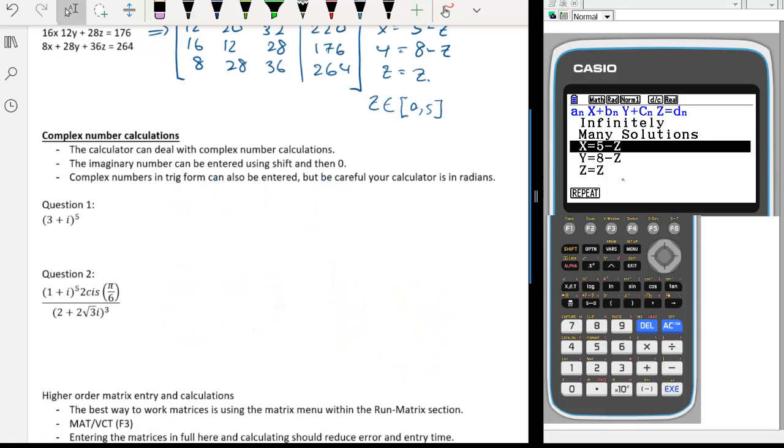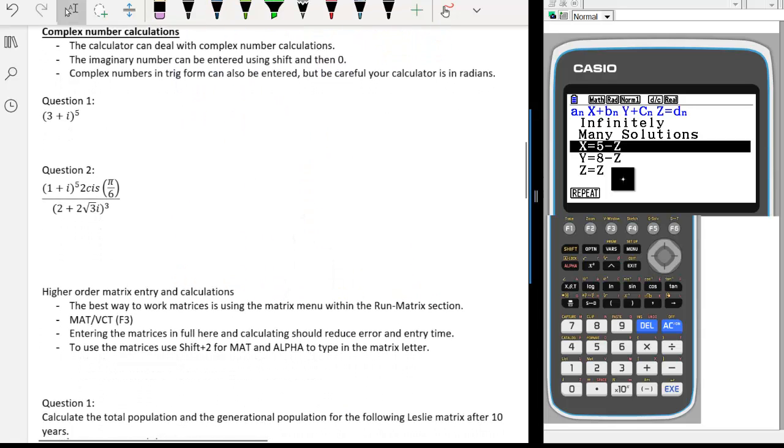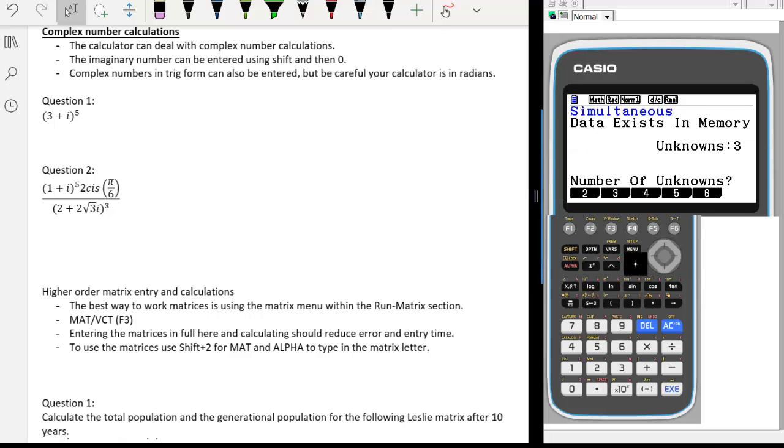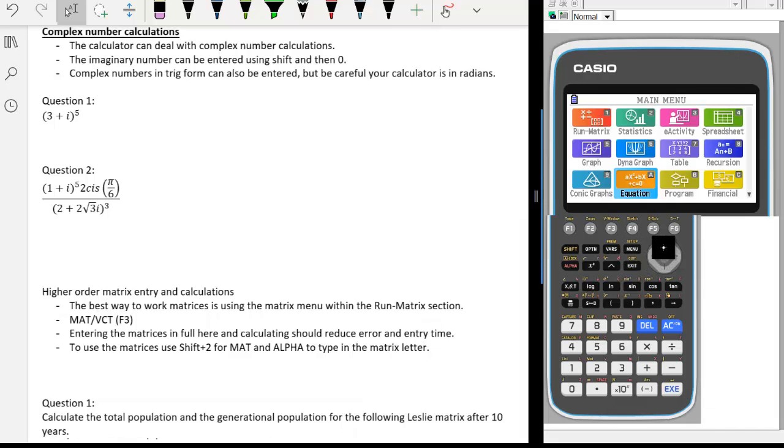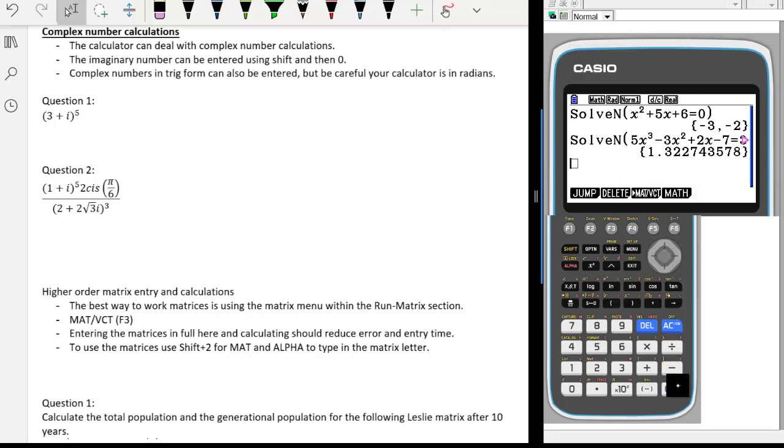When we look at complex number calculations, the calculator is really good for doing this. If we go into the Run Matrix menu again, we can enter any complex number using Shift and 0. So if we hit Shift and 0, it enters i, which is the imaginary number.